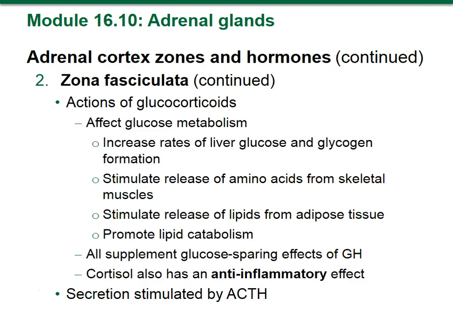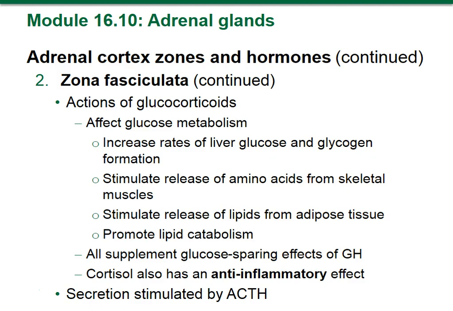Some of the actions of the glucocorticoids, well, they affect glucose metabolism. They increase the rate of liver glucose and glycogen formation so that we store them. It stimulates the release of amino acids from your skeletal muscles. Stimulates the release of lipids from adipose tissue. And it promotes lipid catabolism.